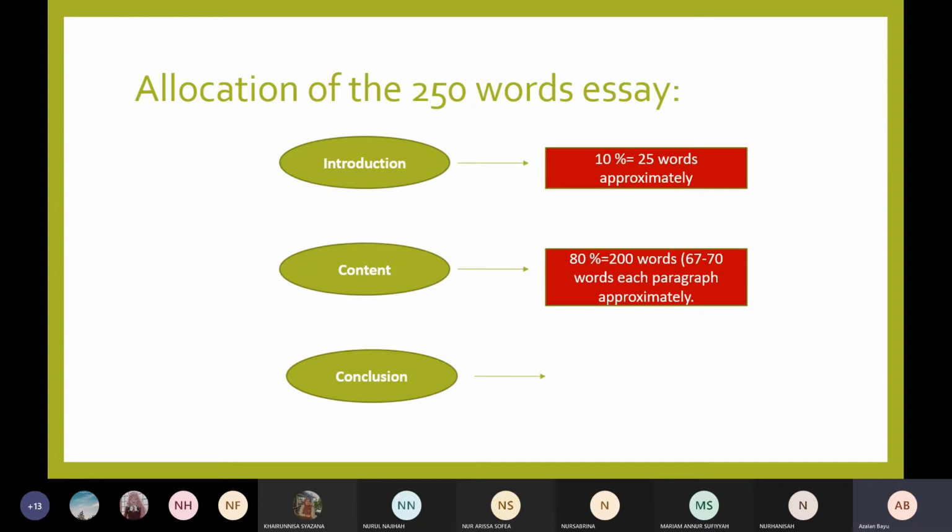Maksudnya satu content paragraph tu lebih kurang 67 ke 70 patah perkataan ataupun lebih kurang 5 sentences ke 7 sentences. And then conclusion pun sama macam introduction, just 10% which is 25 words approximately. Alright, 2 to 3 sentences only. Jangan tulis sampai 5 ayat. Itu dah panjang untuk satu conclusion dan juga introduction.